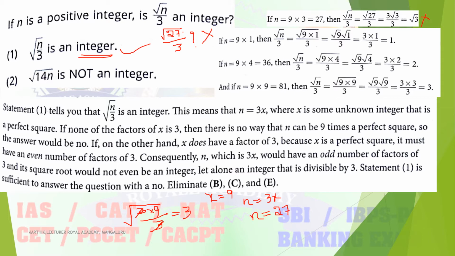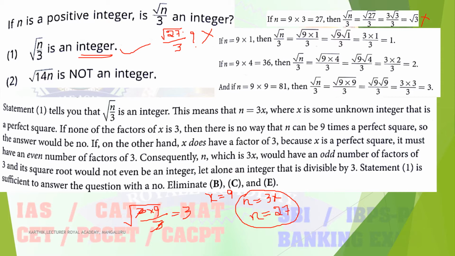So assume another number also. If you choose another number, the method you should follow is the same. You have to choose n equal to 3x only. Why? Because first we need to satisfy the condition that it is an integer. So if I take another number, you will get the same answer, not an integer only.